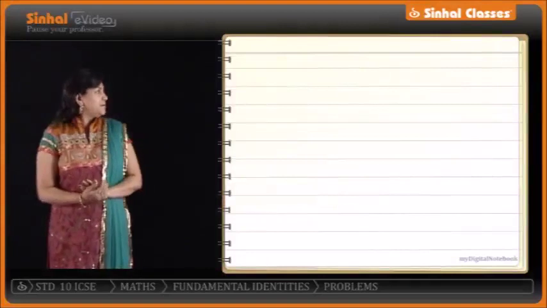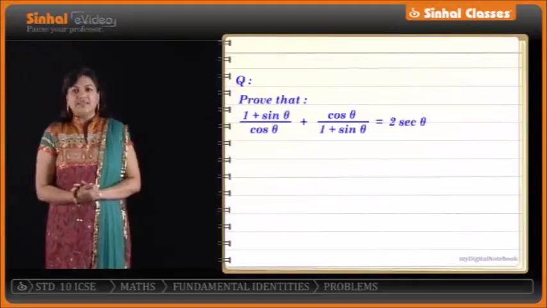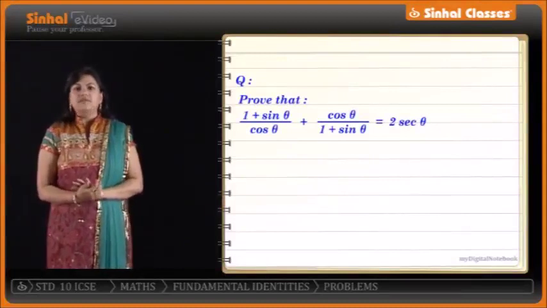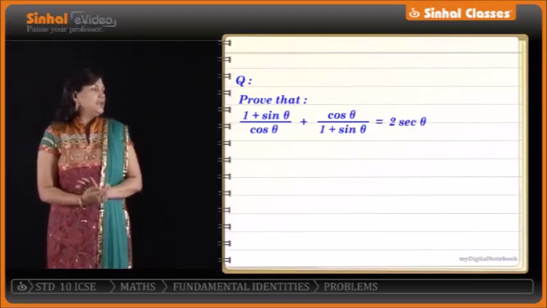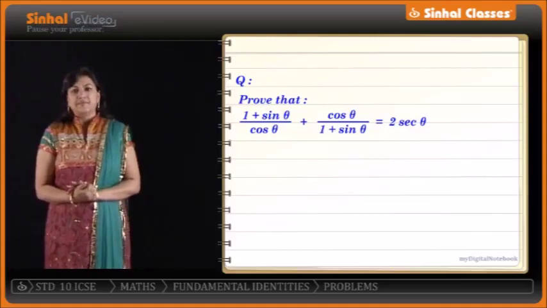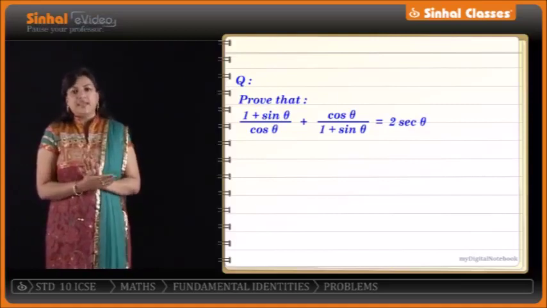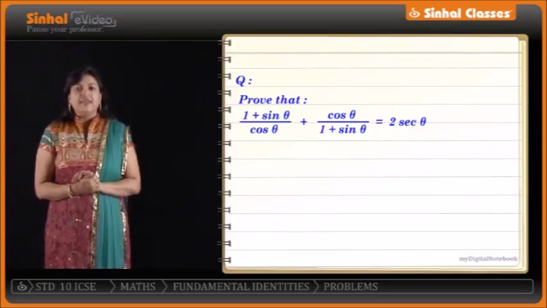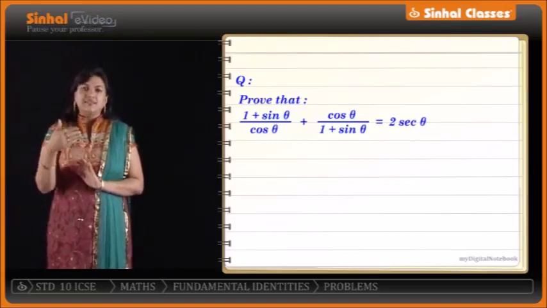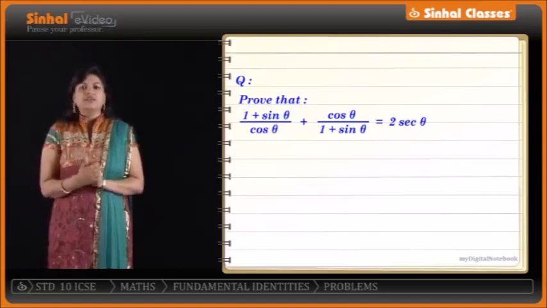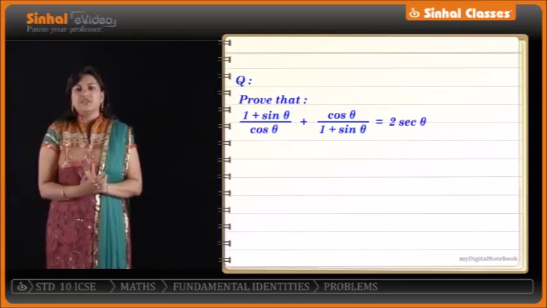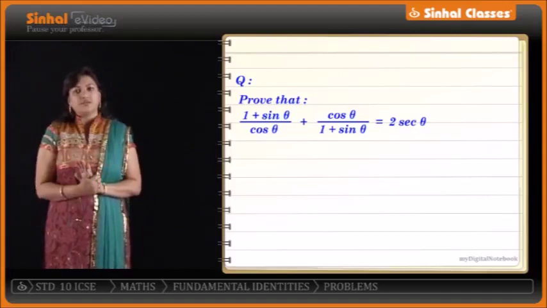Next problem, prove that 1 plus sin theta upon cos theta plus cos theta upon 1 plus sin theta equal to 2 sec theta. Here you see in the LHS we have sin and cos, whereas in RHS we have sec. What is sec? Sec is the reciprocal of cos. So in short, we want to write all the terms of LHS in terms of cos.